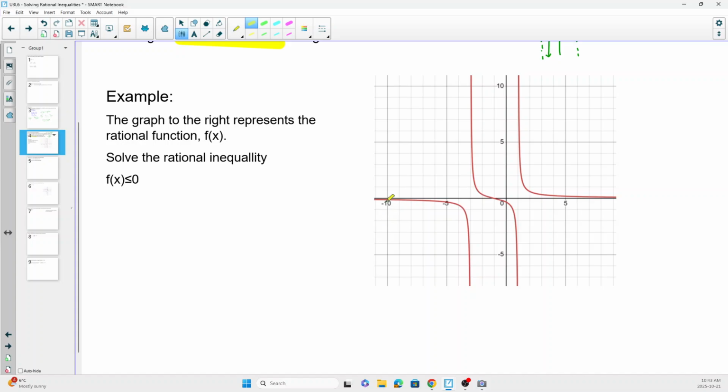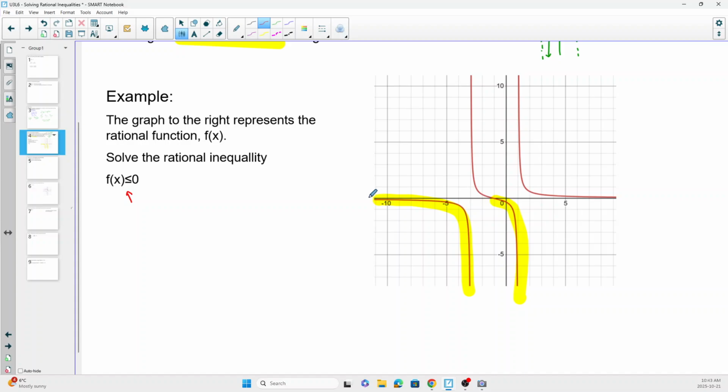Well, it's less than 0 all through here. Then it's above 0. Then it's less than 0 from here, and then that's it. It's not less than 0 again, not from what we can see. So there's two intervals where this function is less than or equal to 0.